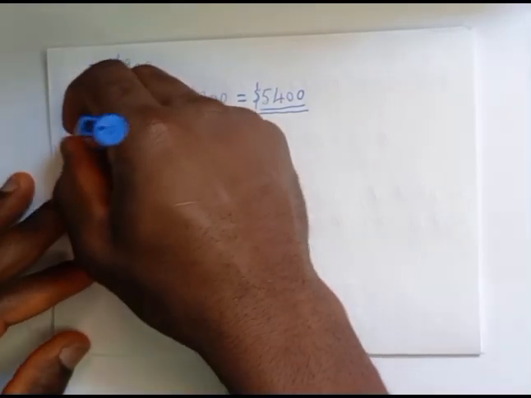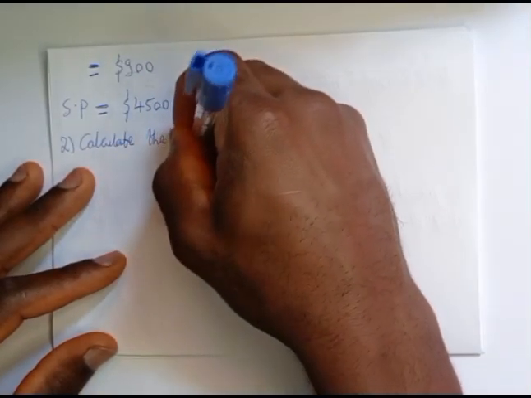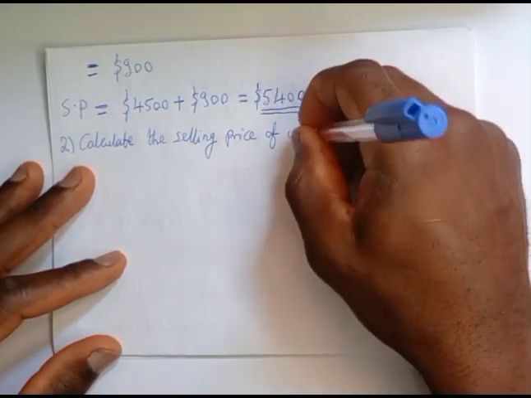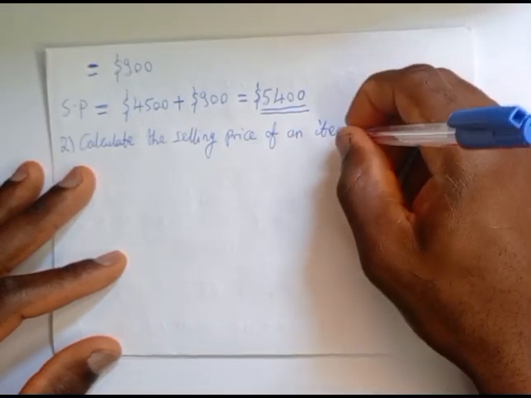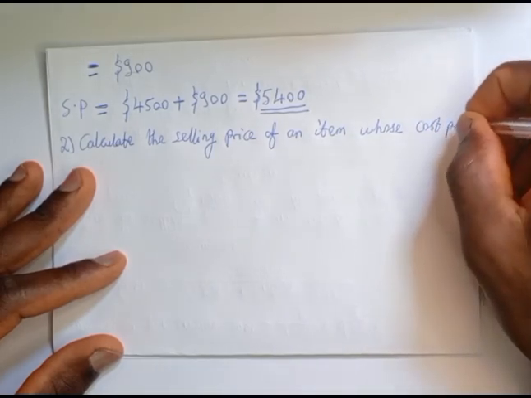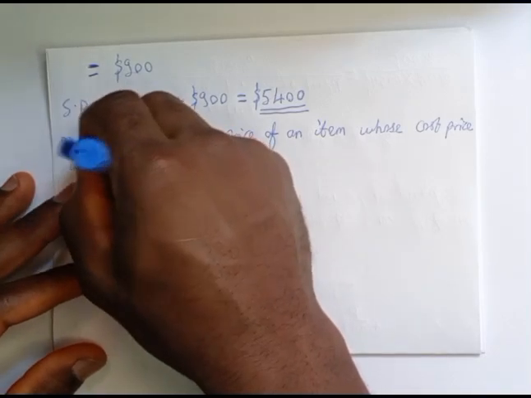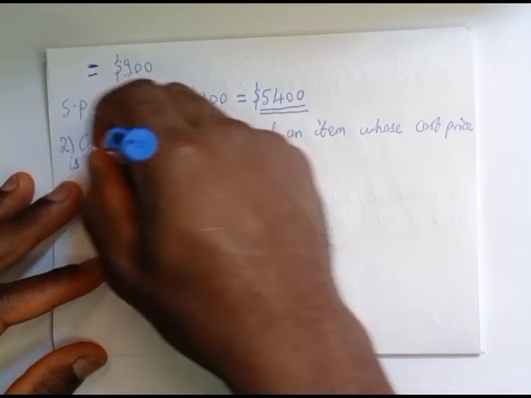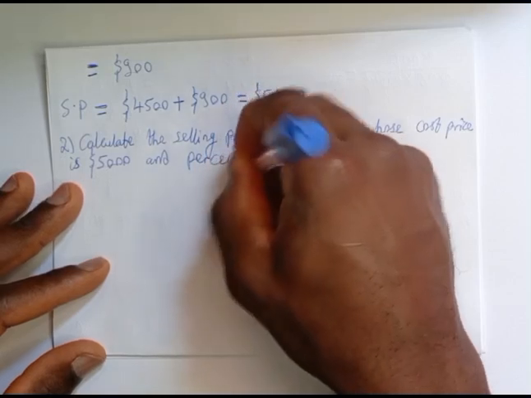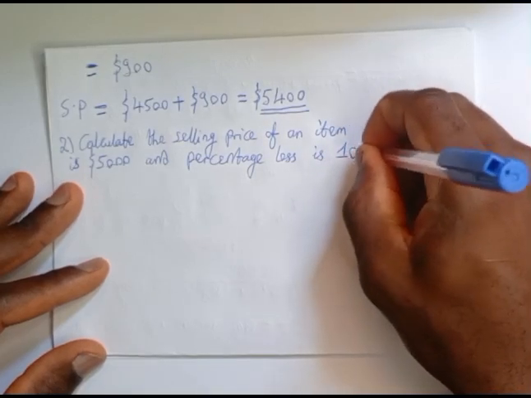We go now to question 2. Calculate the selling price of an item whose cost price is $5,000 and percentage loss is 10%.